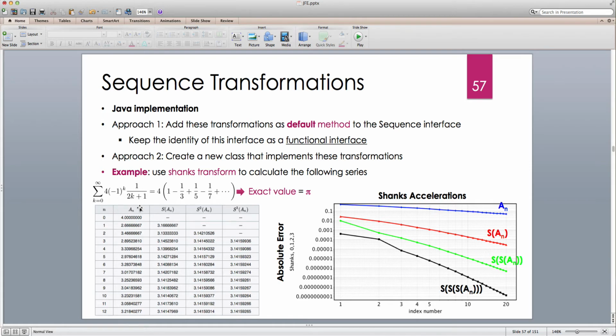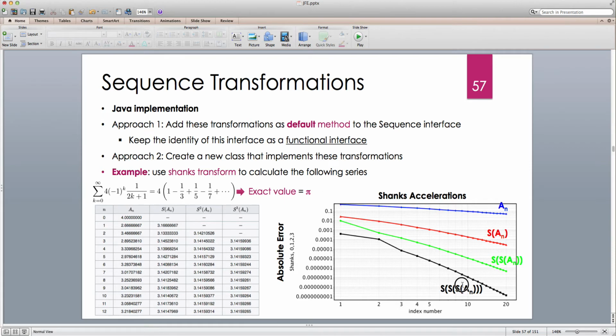And we saw that for this sequence, which was 4 times the sum of minus 1 to the k over 2k plus 1, when k is large, the terms of this sequence are like 1 over k. And the error of the series is the integral of 1 over x, which is log of n. So log is usually the worst that can happen, the slowest convergence or the slowest error rate.